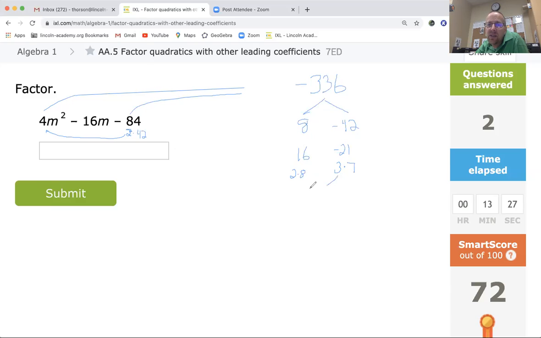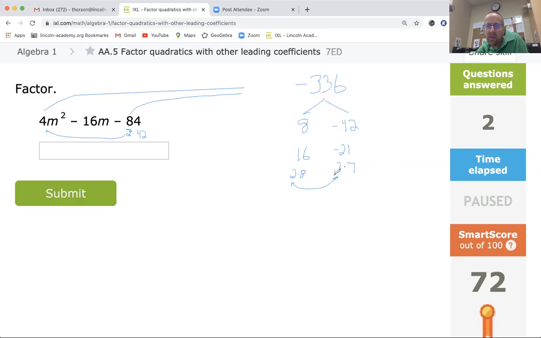What I'm going to do is I'm going to swap these two. I'm going to bring the 3 over here and the 2 over there and see what happens. Again, it's just a systematic way of trying to do things. So if I bring the 3 over here, so I have this 8 times the 3, that's going to be 24. And the 2 now comes over here with the 7, that's going to be 14.